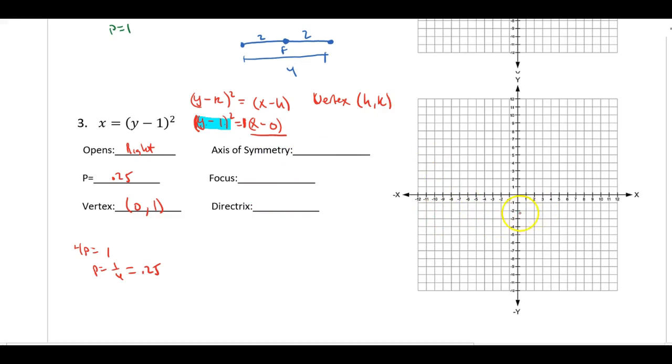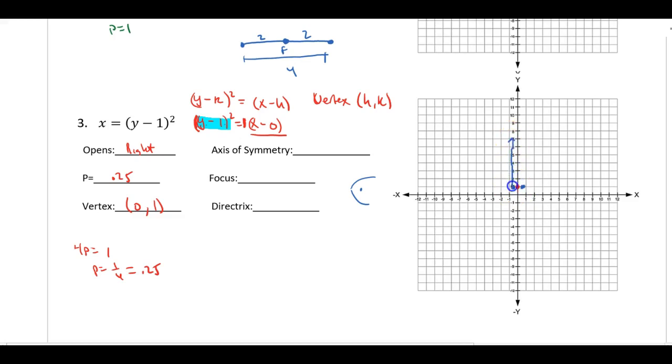So I'm going to go ahead and plot my vertex at 0, 1. Now my focus, remember, this opens right. My focus has to get eaten. So from the vertex, I'm going to go to the right, 0.25. Then for my directrix, I'm going to go left, 0.25.